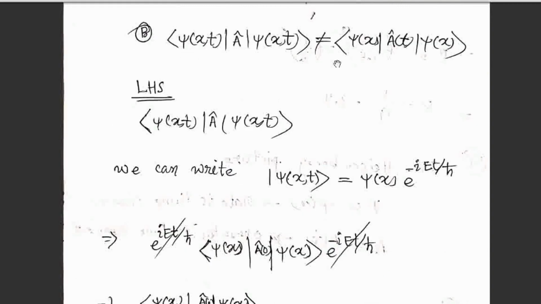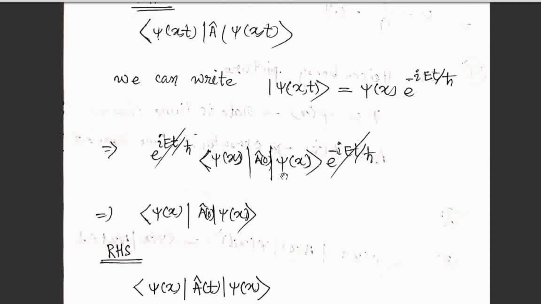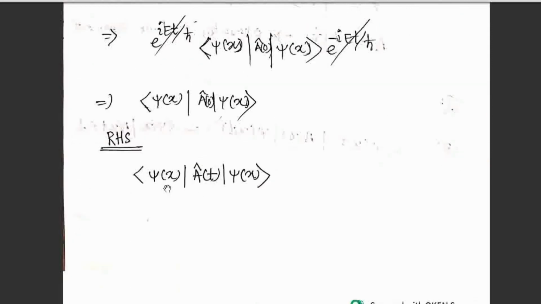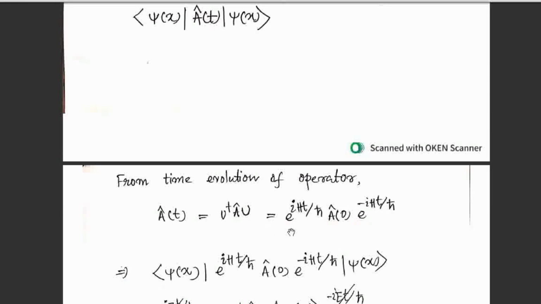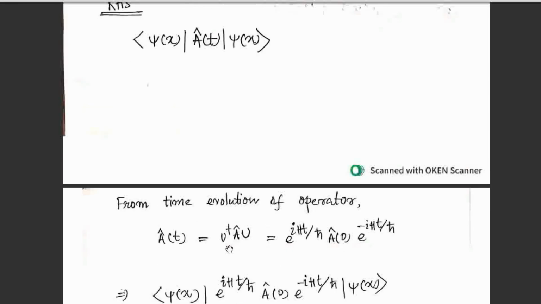Now pick the right hand side. The wave function is a time independent function, but the operator is time dependent. We can write this operator in the form of a unitary operator. This is the form. Now substitute this A(t) value here.